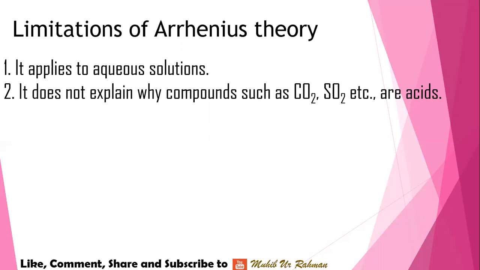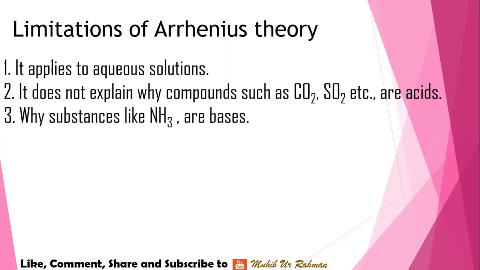The second limitation was that it doesn't explain why compounds such as carbon dioxide, sulfur dioxide, etc. are acids. There are other examples besides carbon dioxide and sulfur dioxide which do not contain any H positive ions, any proton. So how can we identify these substances whether they are acids or bases, as they don't have H positive or OH negative ions?